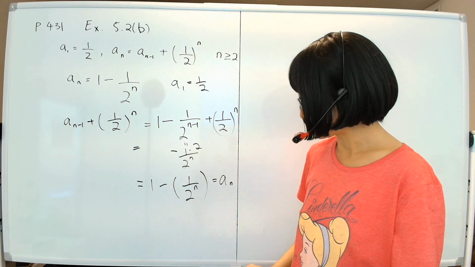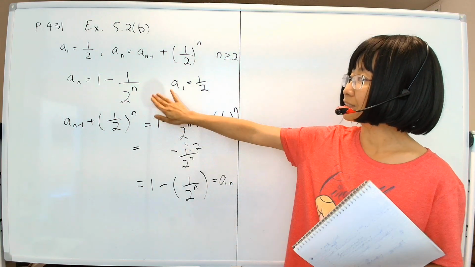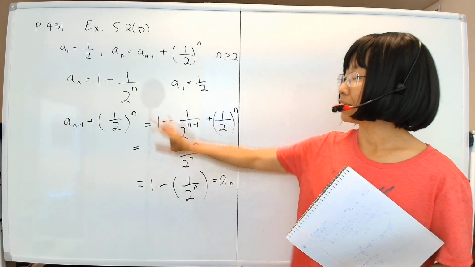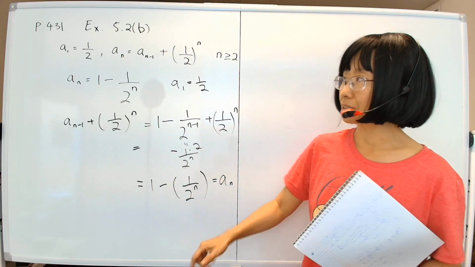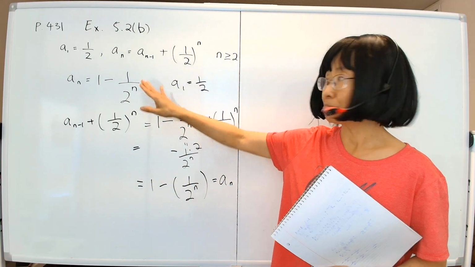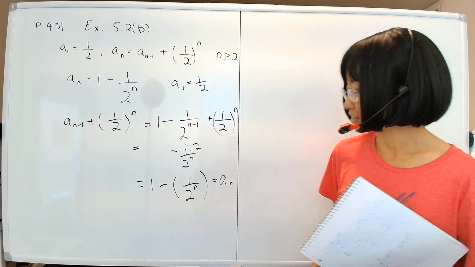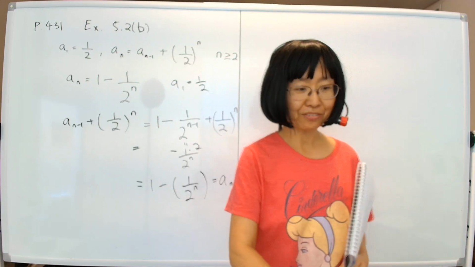So that's the part that your book missed. They just guessed it, but they didn't confirm it. In calculus, at least, we need to not just guess. It probably is true, but it doesn't hurt to make sure. In math, we want to be absolutely sure that we're right. So that's how we prove it.